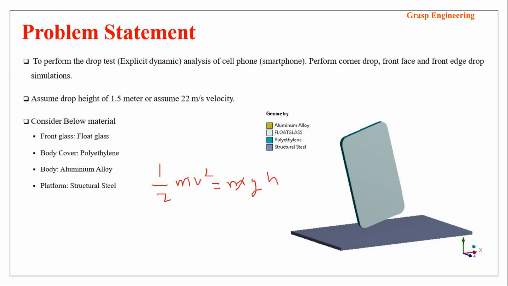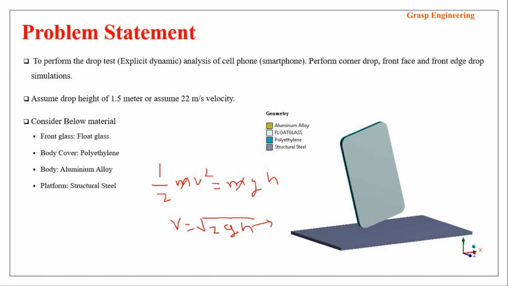If we solve this, then we get the velocity is equal to square root of 2 times the gravitational acceleration, times the respective height. So this height you can consider like 1.5 or whatever your height is.